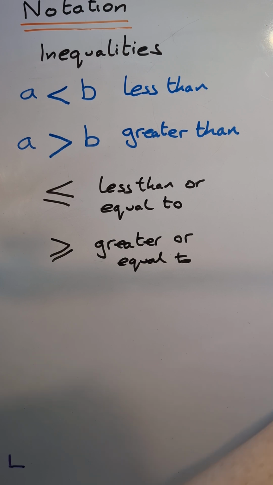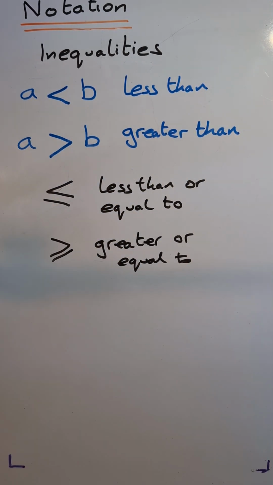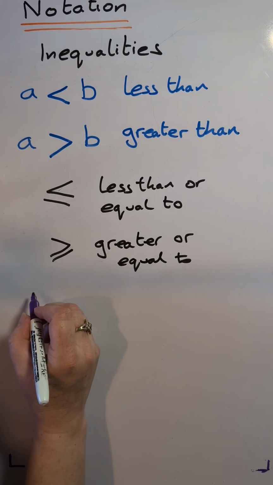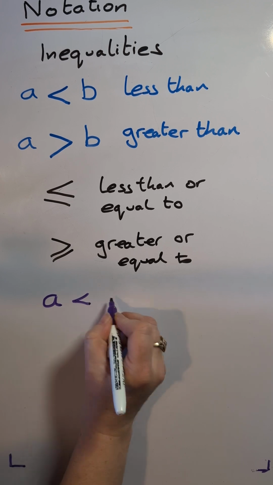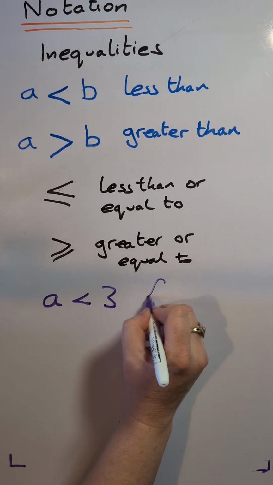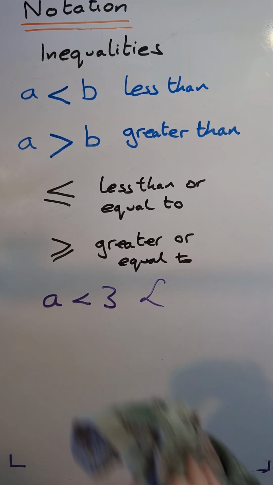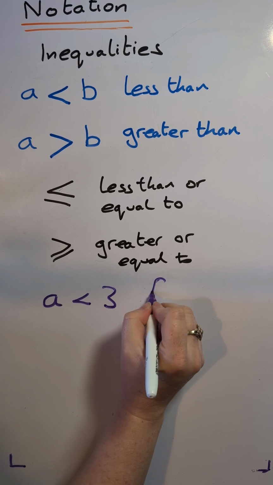Now, the difference in these would be, for example, in this first one, if I had some value A is less than 3, then it could be... that is not a very good bracket, I'm trying to draw a curly bracket there.